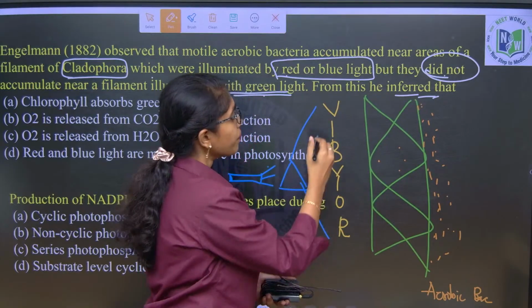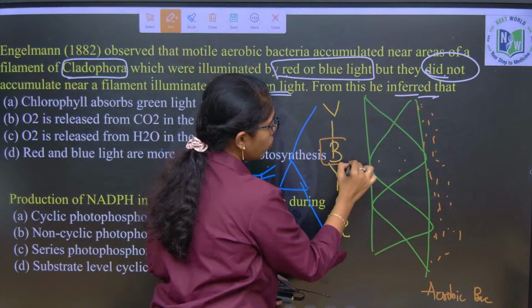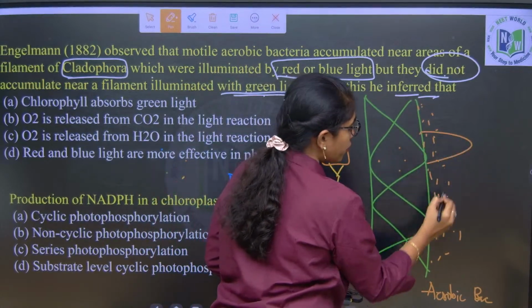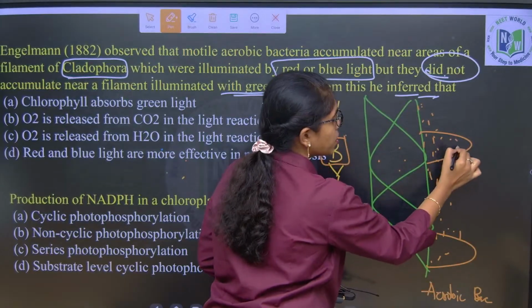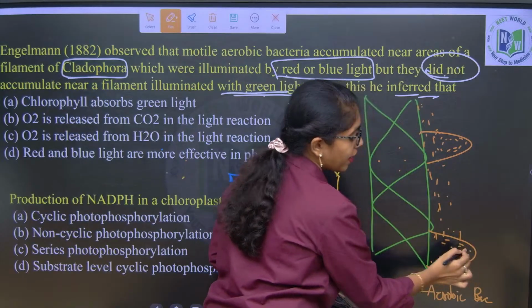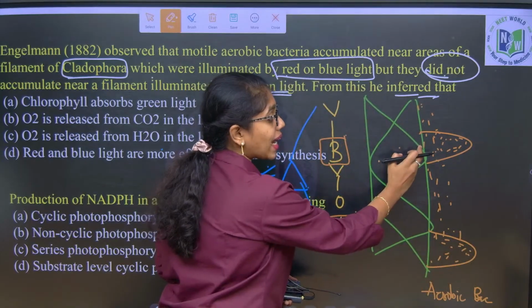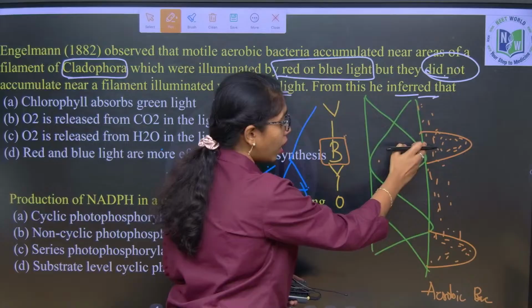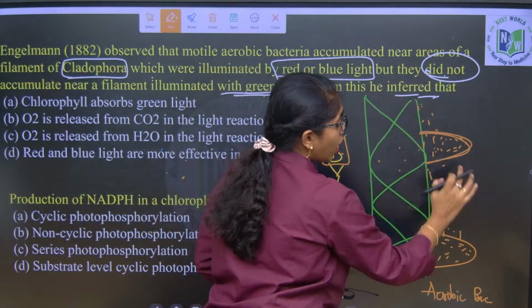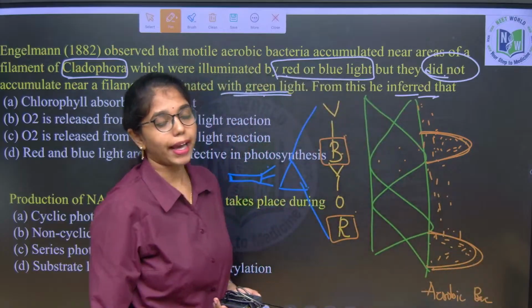As such, in the regions of blue and red light, after some time he observed two peaks, one at blue light and one at red light, indicating that maximum oxygen is evolved at the blue and red light regions, and here aerobic bacteria got accumulated.